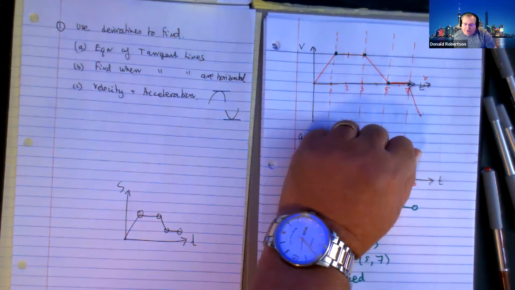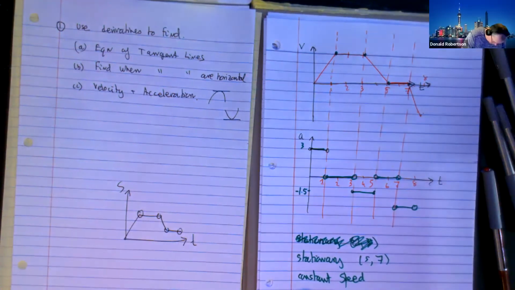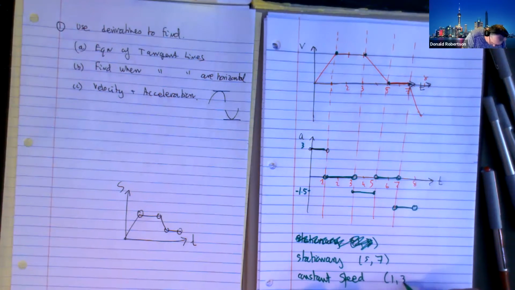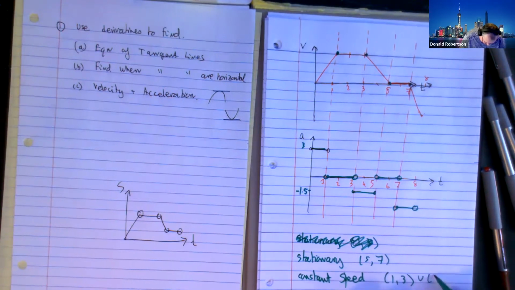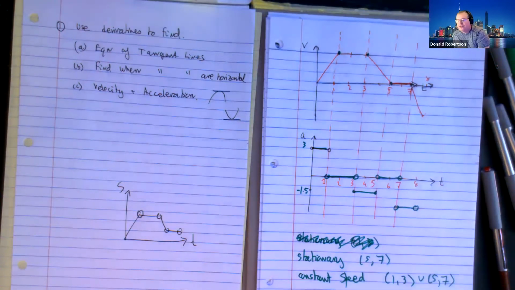For what values of time is this object going at the same speed all the time? 1 to 3. Agreed. And now we're going to have to argue this one. I'm going to say also 5 and 7. Would you agree that it's traveling at 0 speed, but it's a constant 0? So I would include the 5 and 7 in that case. So stationary is only 5 to 7, but a constant speed is 1 to 3 and 5 to 7.